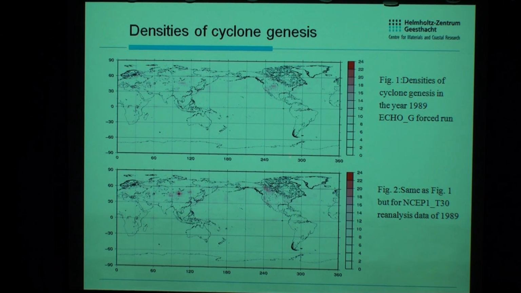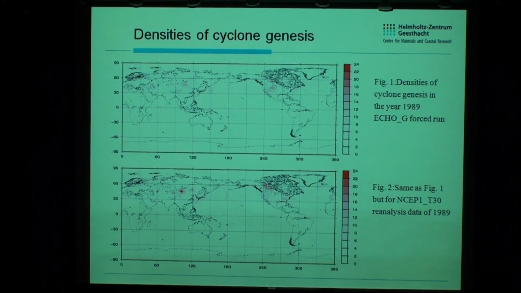This picture is from our model results, and this picture is from NCEP reanalysis data. First, of course, we get a similar number from our simulation data and from the reanalysis data.